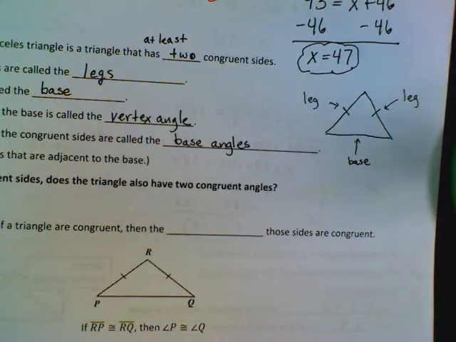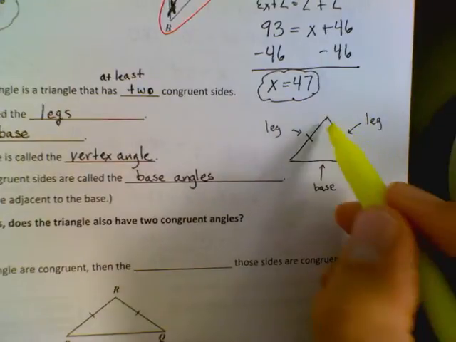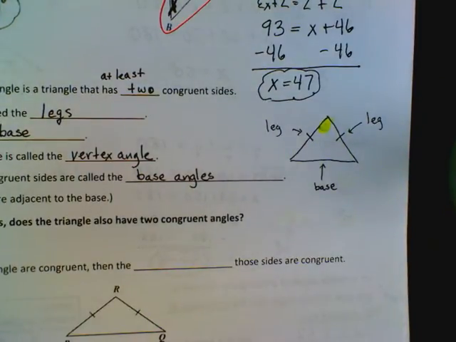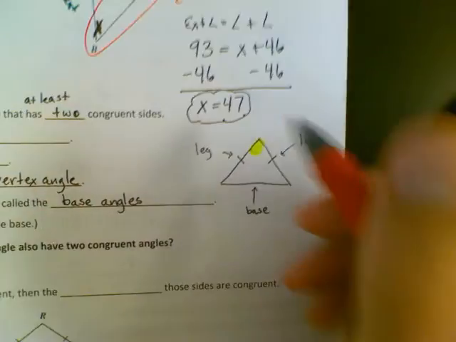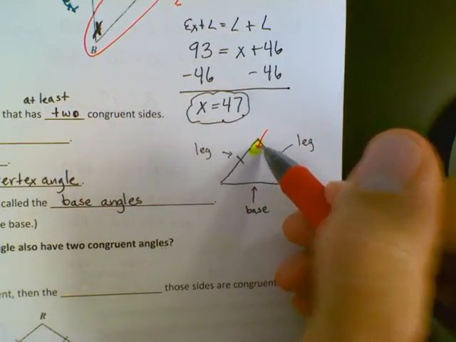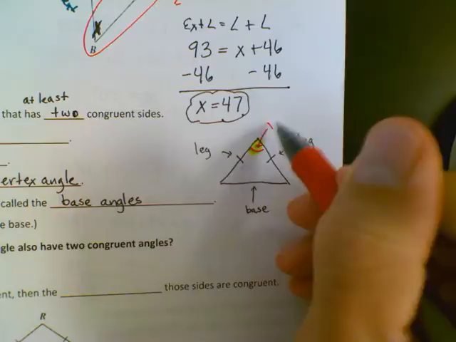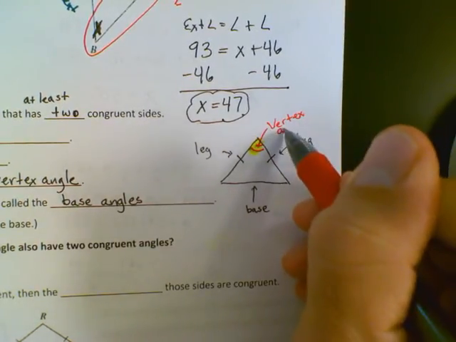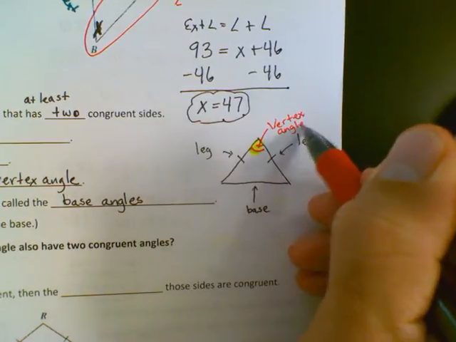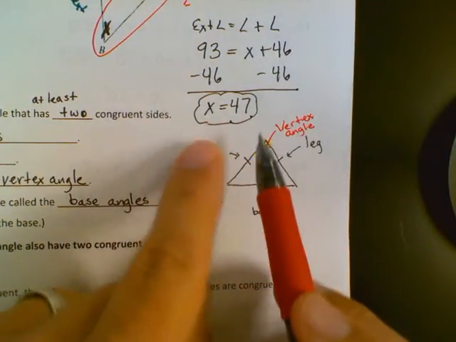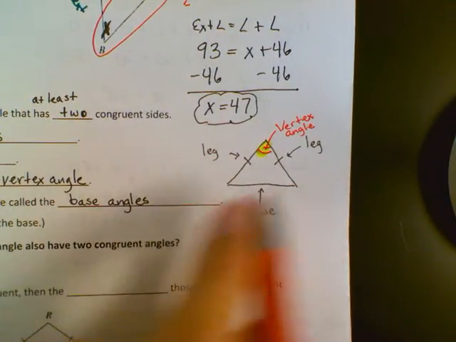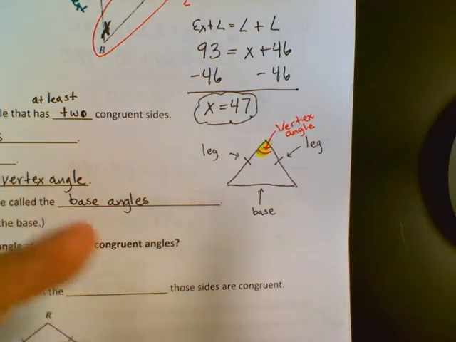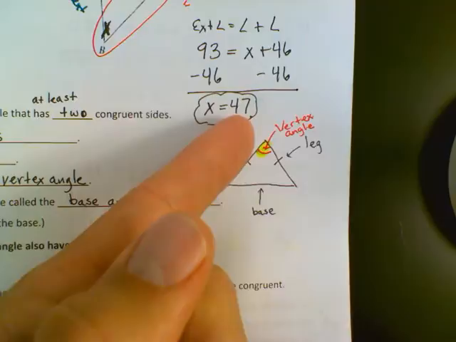So I'm going to use the highlighter, and I'm going to ask you guys, what is this angle up here opposite the base? Yep, that's called the vertex angle. That's strange to me because you have a vertex whenever you have two sides meet, but for whatever reason in an isosceles triangle they call that one the vertex angle.